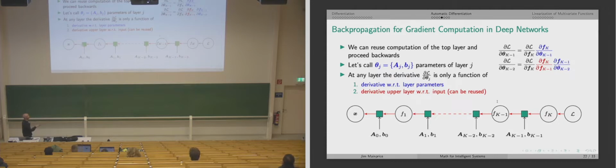And we have the composition between three things at that point, between f_{k-1}, f_k, and L. And we are computing the partial derivatives with respect to these parameters here.